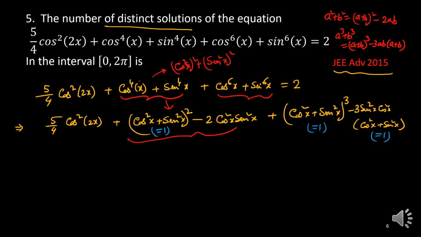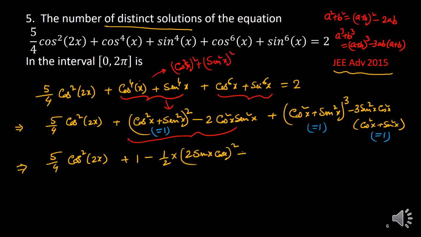So what I can do here: this is 5 upon 4 cos square 2x, and this is 1, and here I can manipulate. I write this as half into 2 sin x cos x, that whole square, that I can do, right?